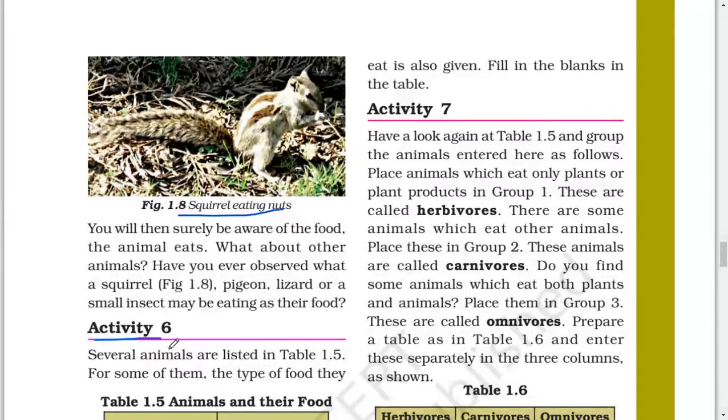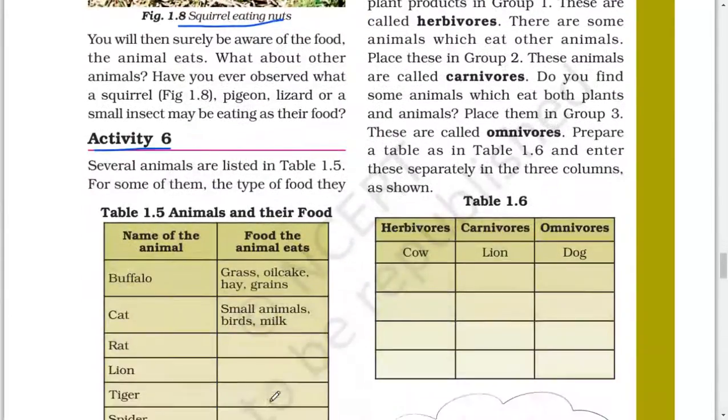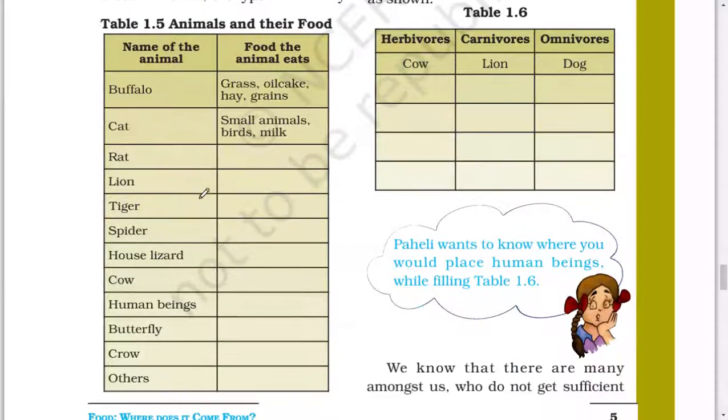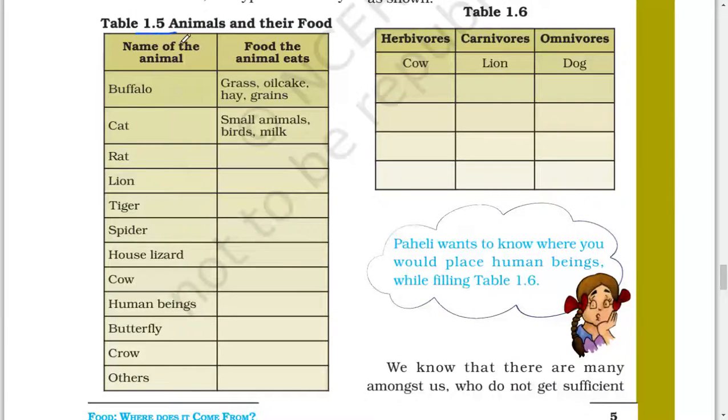Next, activity 6. Several animals are listed in Table 1.5. For some of them, the type of food they eat is given. Table 1.5, animals and their foods. Name of the animal, food the animal eats. Buffalo: grass, oil cake, hay, grains.